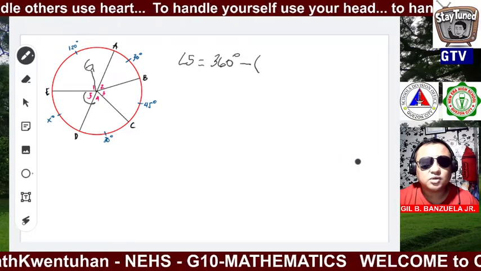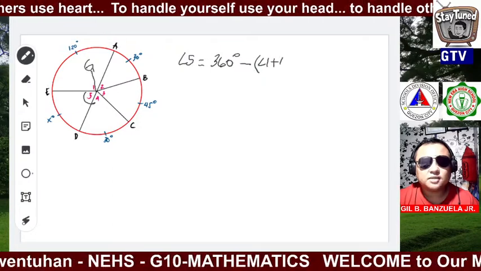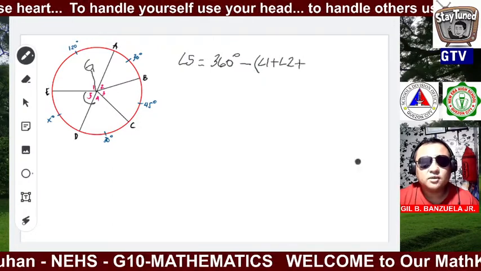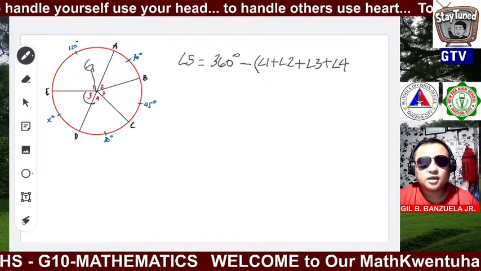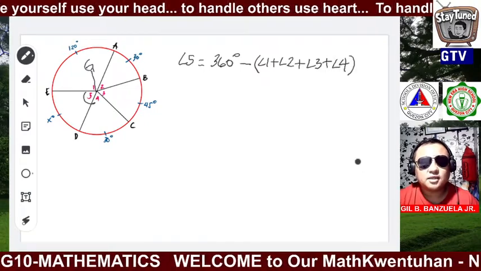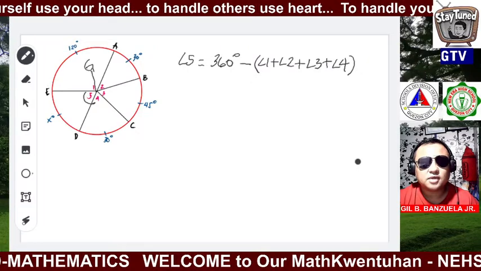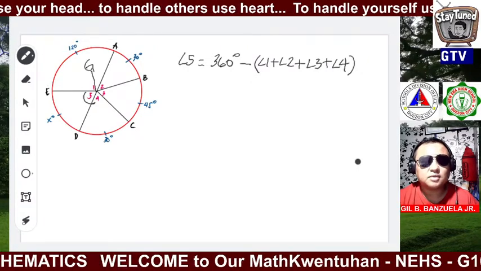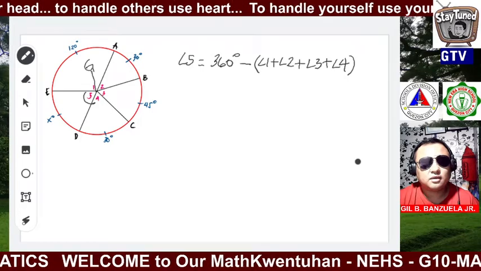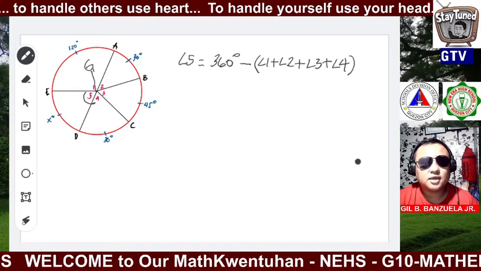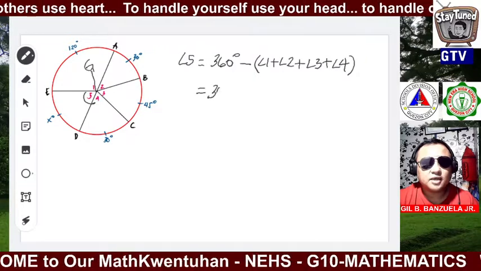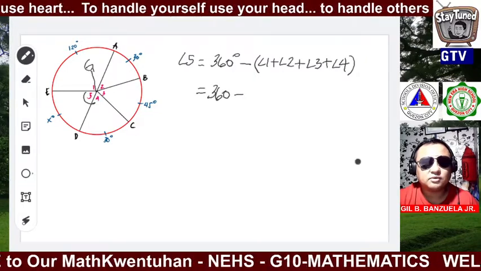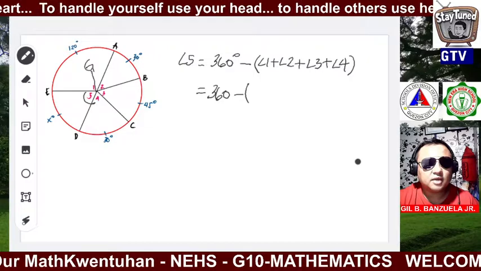So, the measure of angle 1 plus measure of angle 2 plus measure of angle 3 then plus the measure of angle 4. Then, pag nakuha natin yan guys, we're going to subtract to 360 because that's the full turn. Okay? Then, makukuha na natin agad yung measure ng angle 5. So, let's do that. So, 360 degrees minus the measure of angle 1, okay.